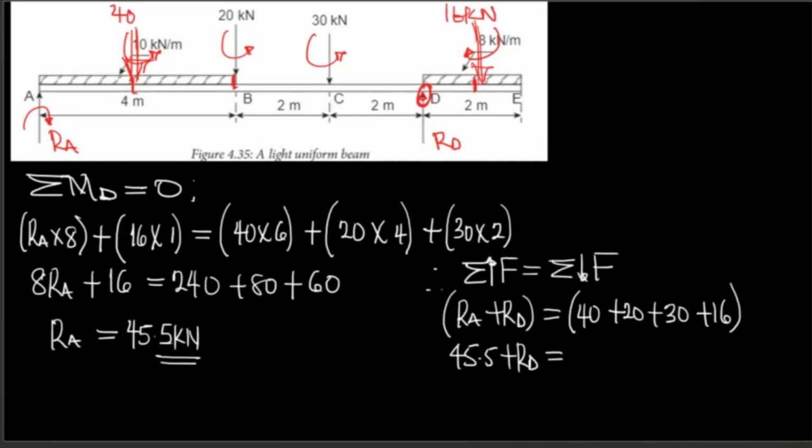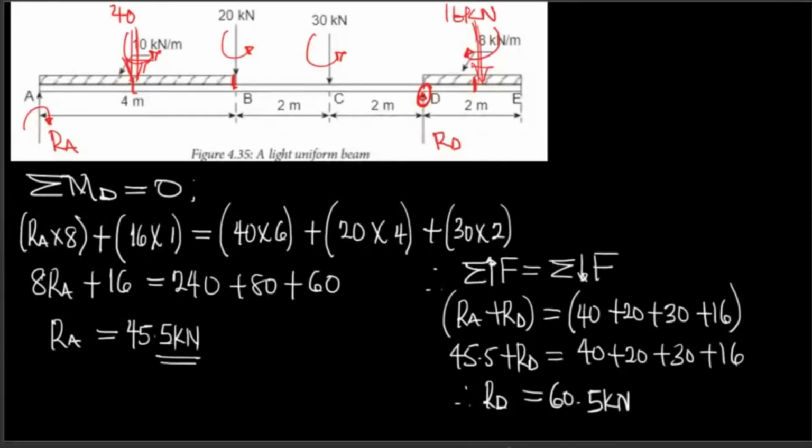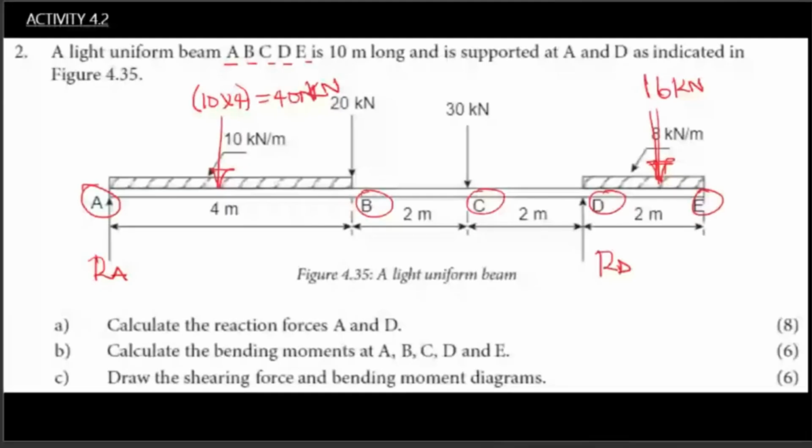So we substitute RA to be 45.5 plus RD equals 40 plus 20 plus 30 plus 16. Can someone just give me the value of RD from the calculator? 60. Thank you. The reaction there is 60.5 kilonewtons.